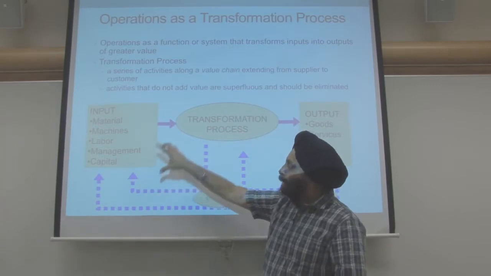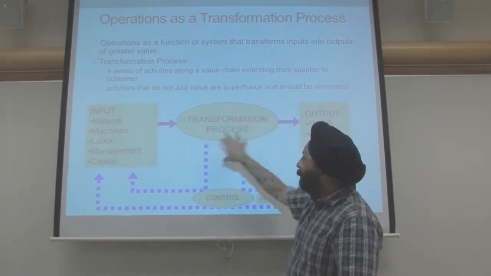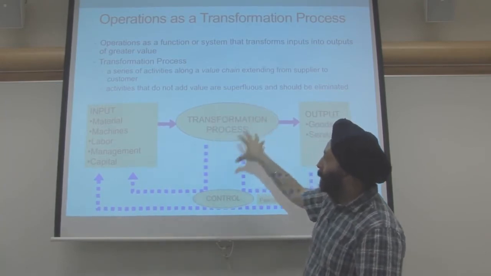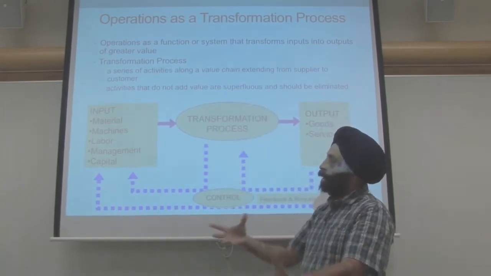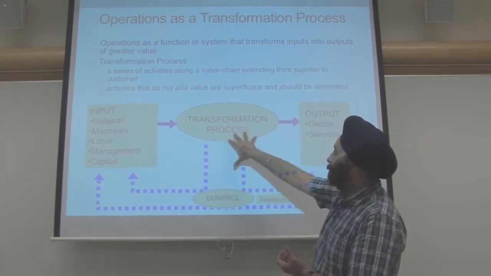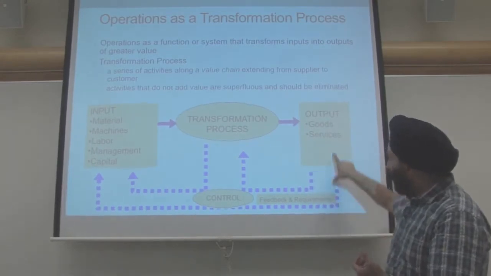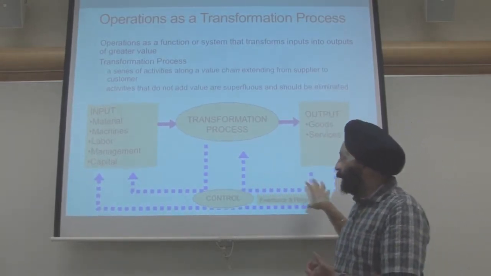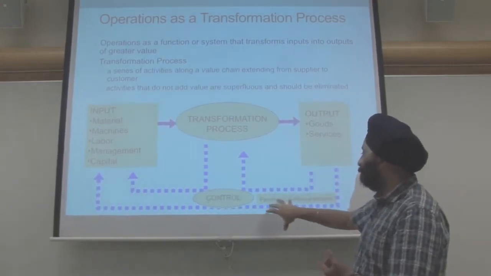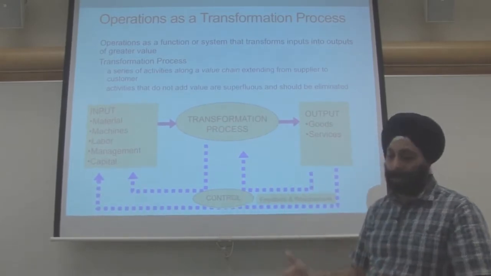All of that put together into this system that we have in the company of taking all of this and producing goods and services, that transformation process and outcome goods and services. And this is being done through a control mechanism of constant control feedback and requirements.